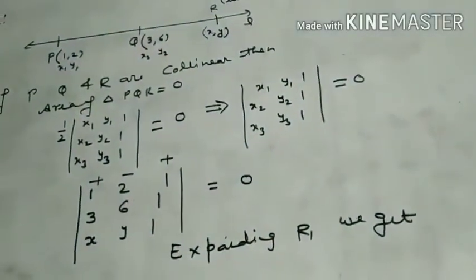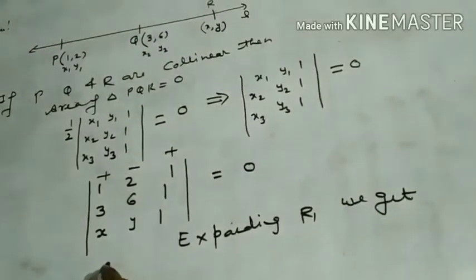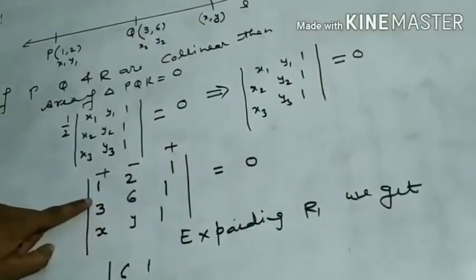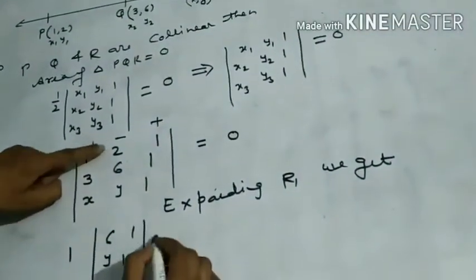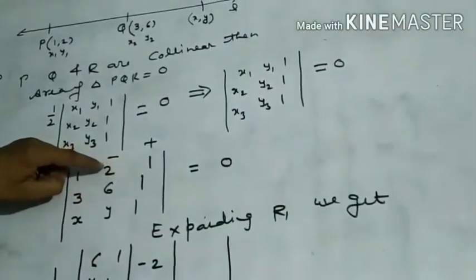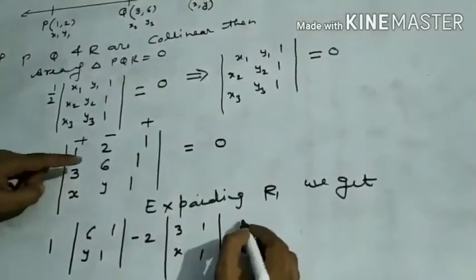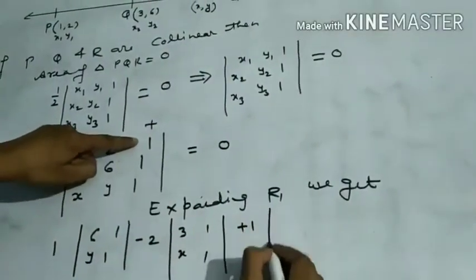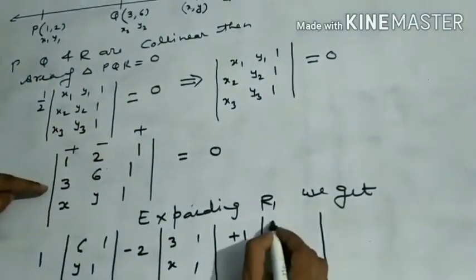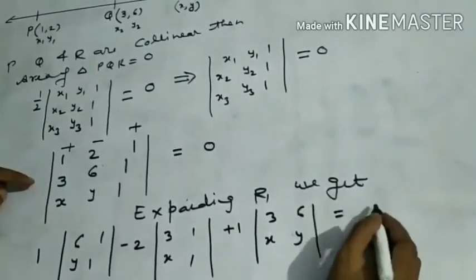So what we get: 1, and then the subdeterminant after leaving the first row and first column is 6 1 y 1, then minus 2, the subdeterminant after leaving the first row and second column is 3 1 x 1, and then plus 1, the subdeterminant after leaving the first row and third column is 3 6 x y, and this is equal to 0.